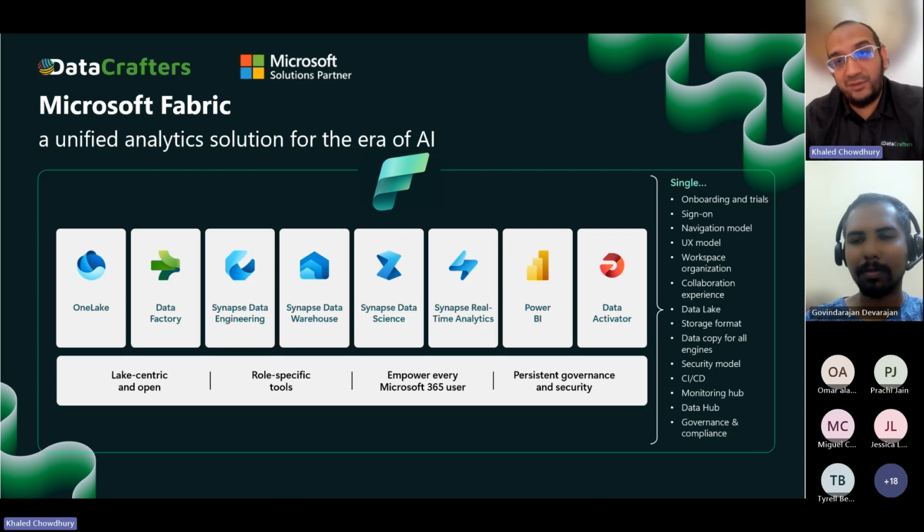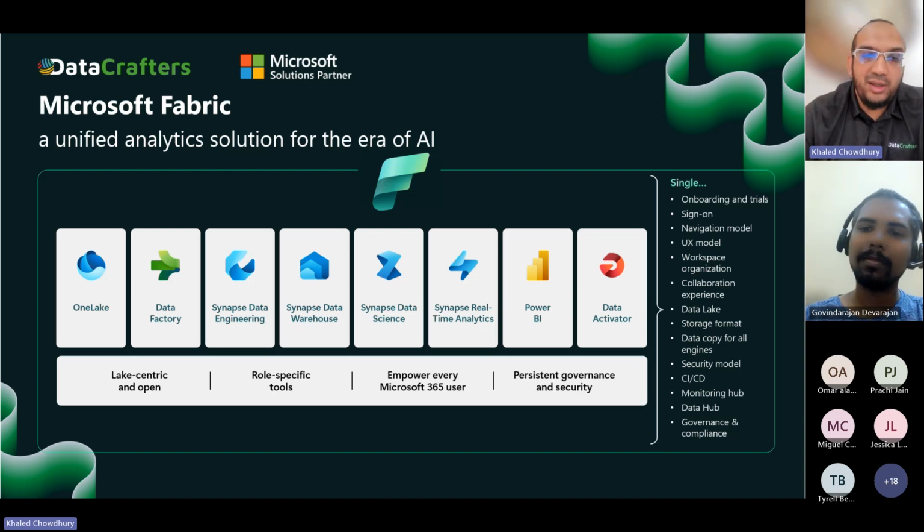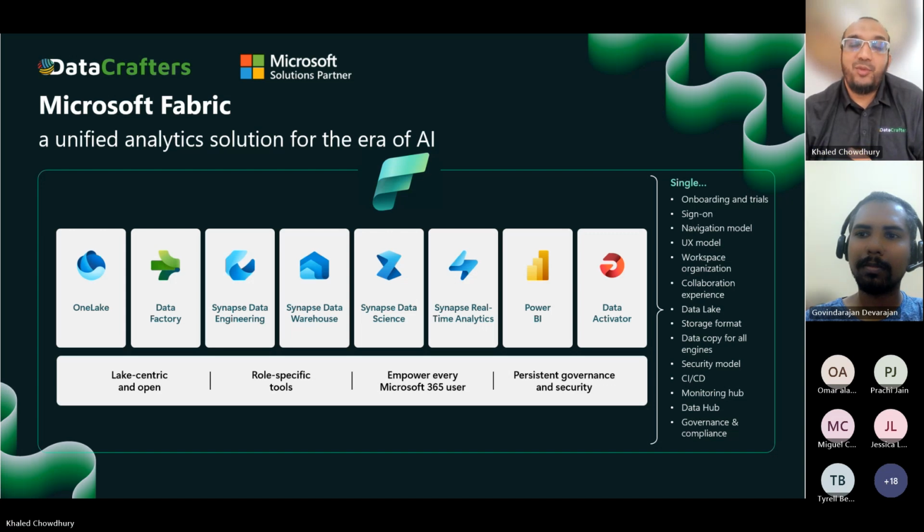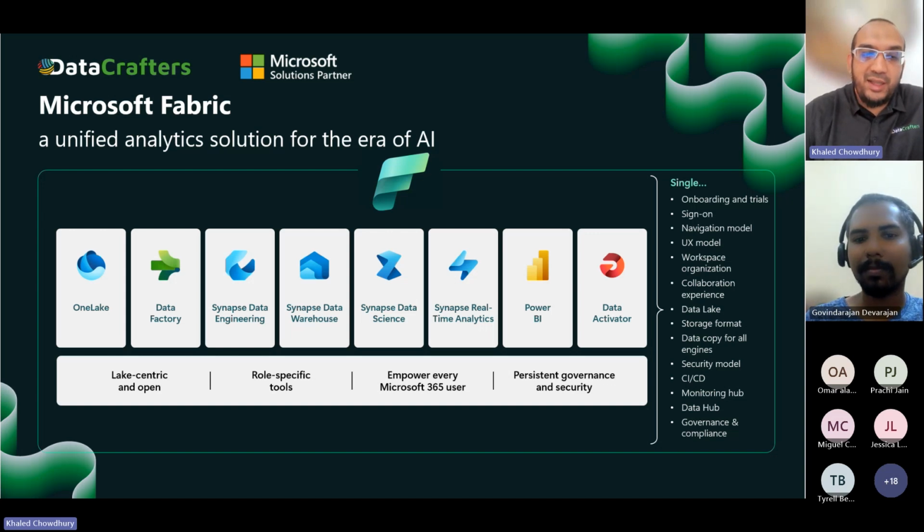This is the revolutionary part: it is a SaaS offering with a lake-centric architecture, and it works pretty well together now. At the pace of innovation they're bringing, it is becoming revolutionary because of the concept and the tight integration.